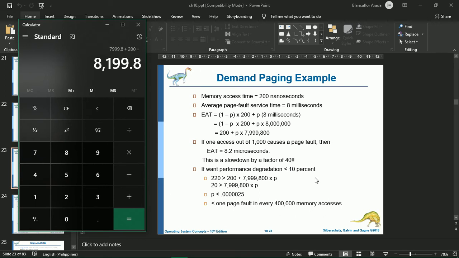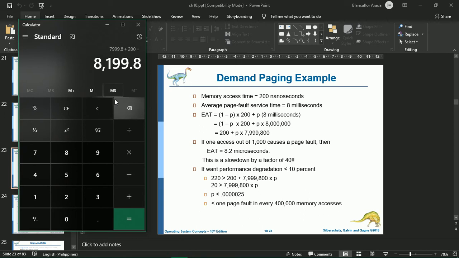So how is this 40 derived? Okay, 8.2 is in microseconds, so let's convert it.